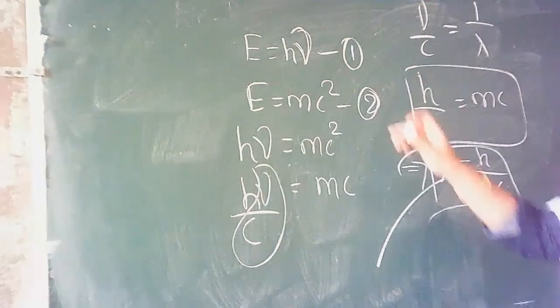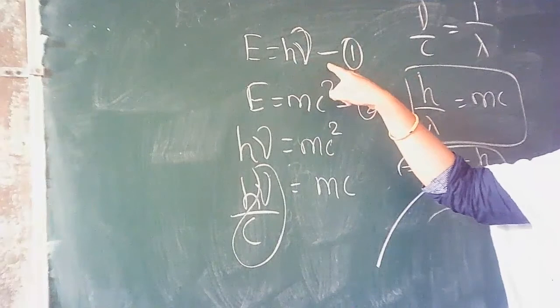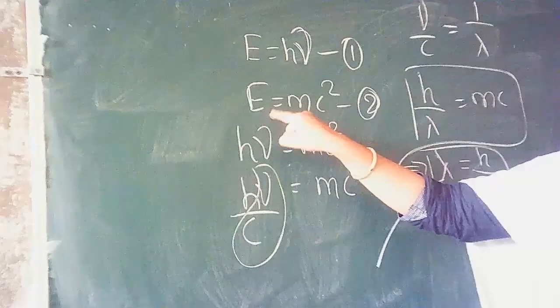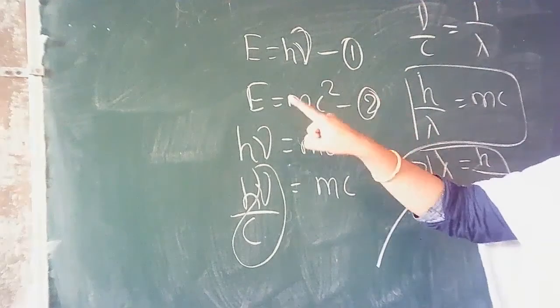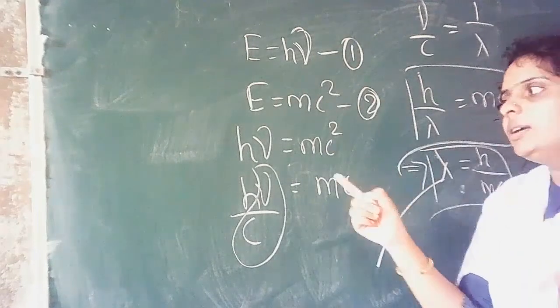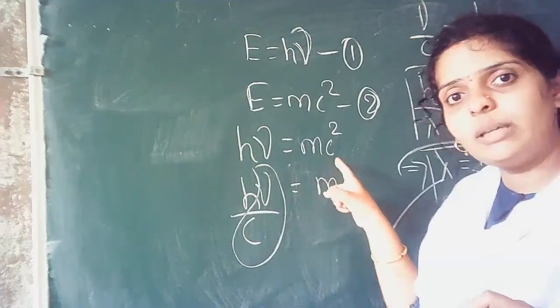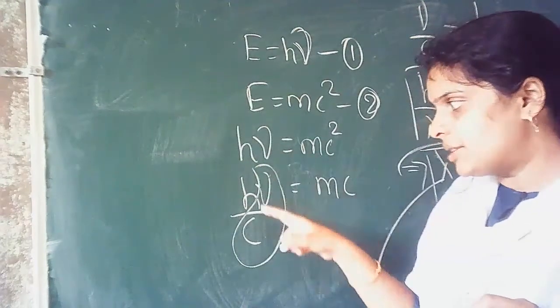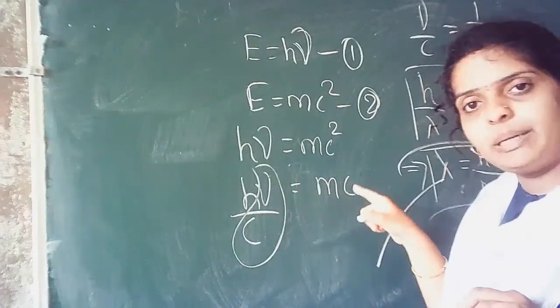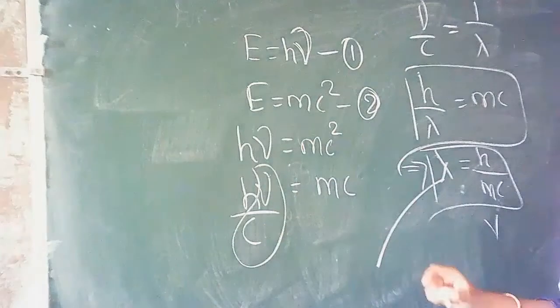Is it right? So what we have done, see, we have E is equal to h into nu according to Planck, and E is equal to m into c square according to Einstein. We just equated equation 1 and 2, so you will get h nu is equal to mc square, that is h nu divided by c is equal to m into c. Right? I just split it and wrote it like this.